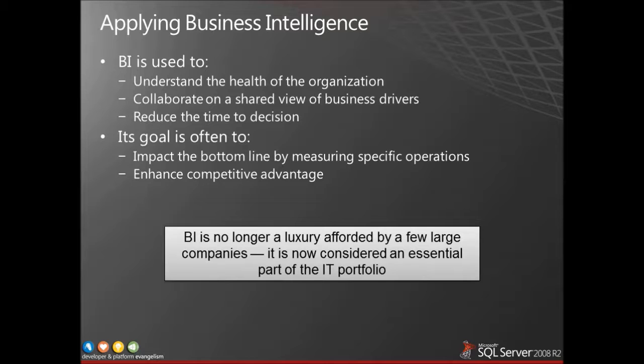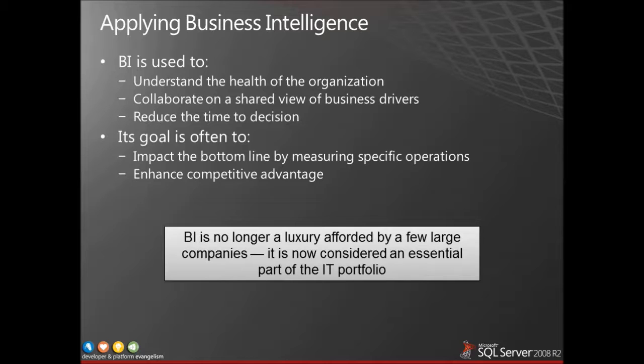To reduce the time to decision, I don't want to know 2 weeks later that we're running out of an important ingredient in manufacturing. We need to know very, very quickly. Its goal is often to improve the bottom line by doing things better. This could enhance competitive advantage.